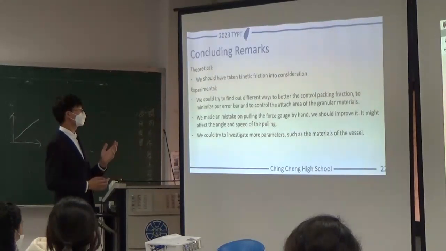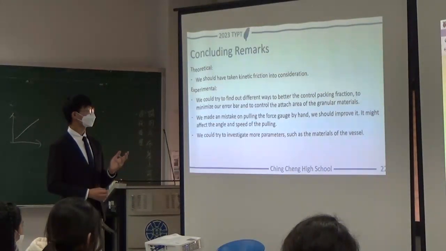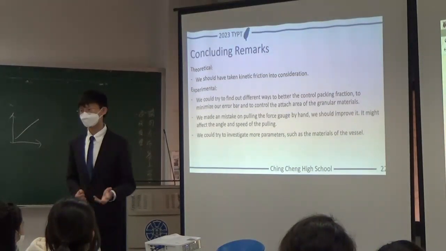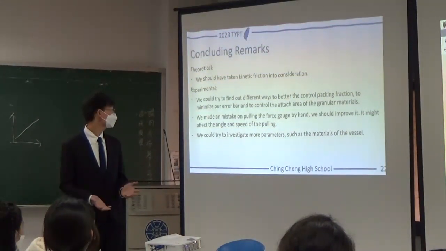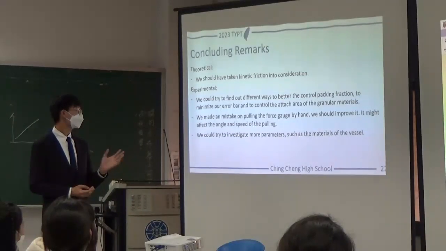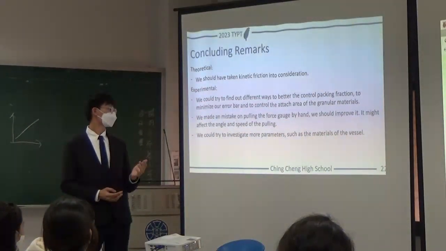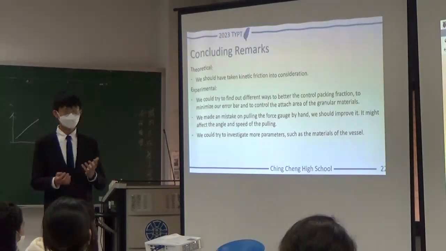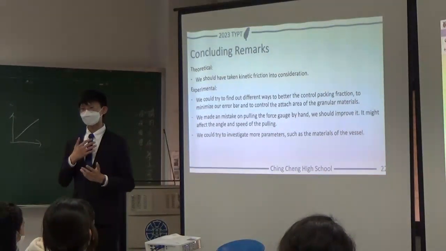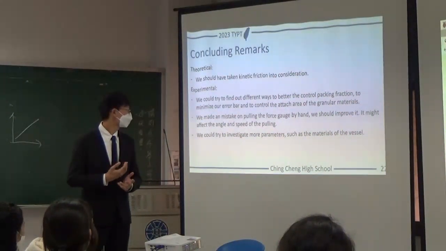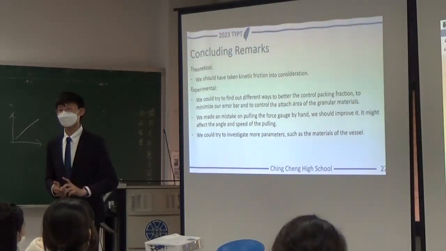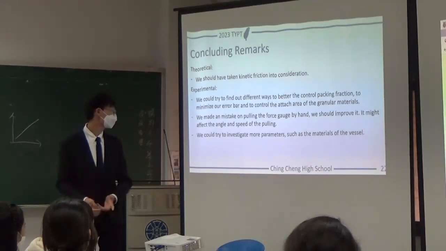And about the experimental, we could try to find a different way to better control the packing friction, to minimize our error bar, and to control the attached area of granular material. And we made a mistake when I was talking about my diagram, that this is not the exponential, it is a diagram about the cubic of x.